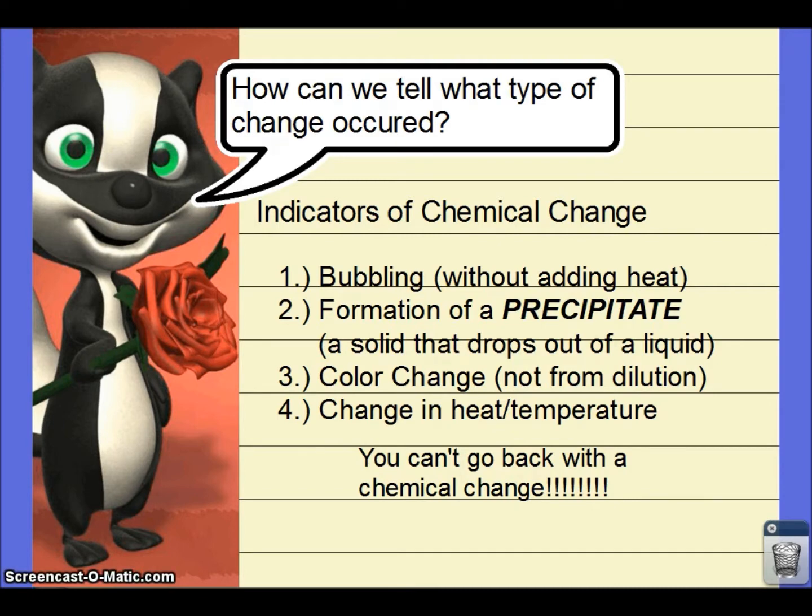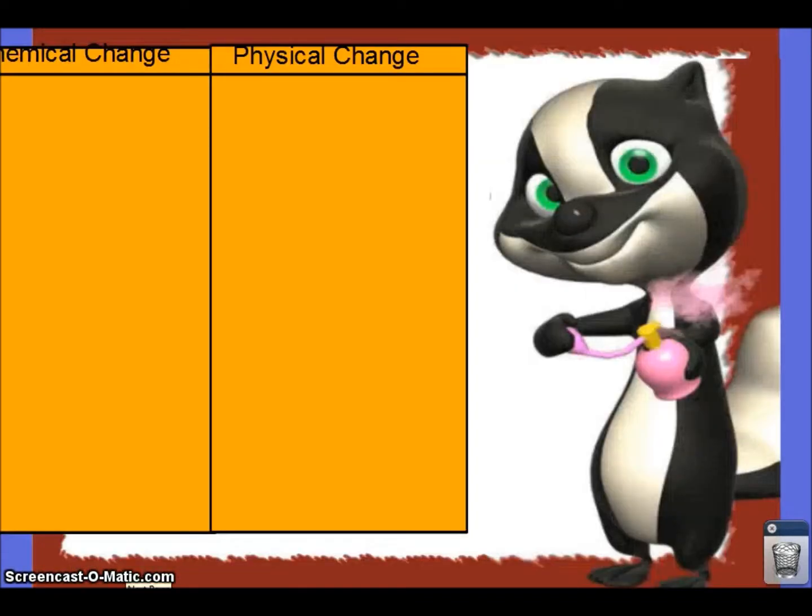For example, you may start with two clear liquids and you see a yellow substance at the end. So this is an indication of a chemical change. Change in heat: if the reaction absorbs or releases heat, there is a change in temperature. Therefore, you know this is a sign of a chemical change.